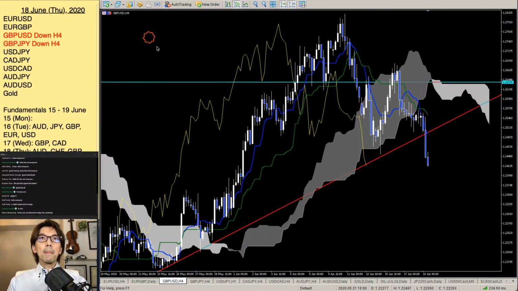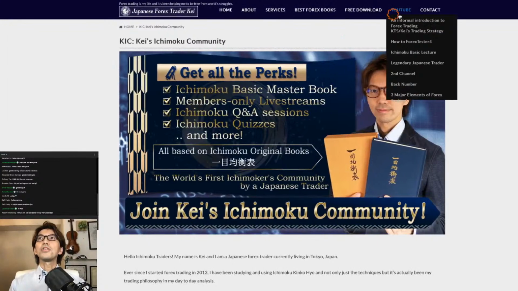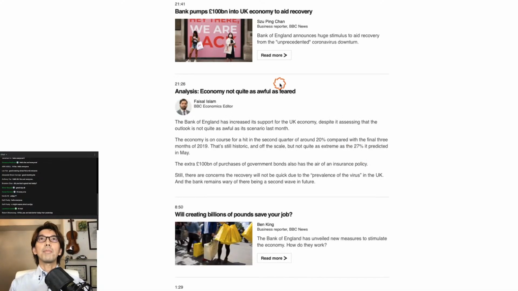But yeah, there was a little news I was reading about the Bank of England, and the BOE decided to put in some extra 100 billion pounds of purchase of government bonds, and has their ear on an interest policy. So to recover their economy, BOE decided to put more money into the market, into the country, to raise the GDP upwards, because the GDP has been going down in England.